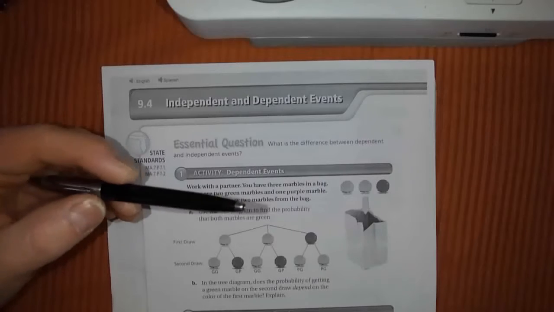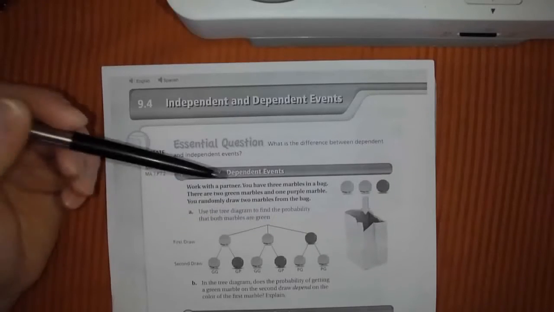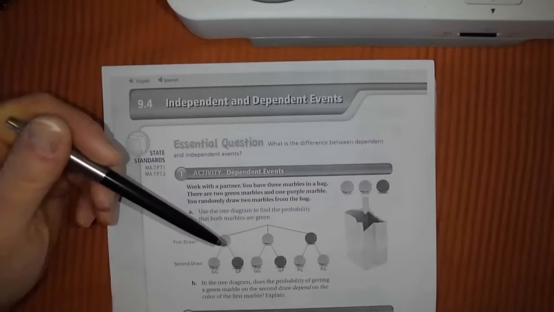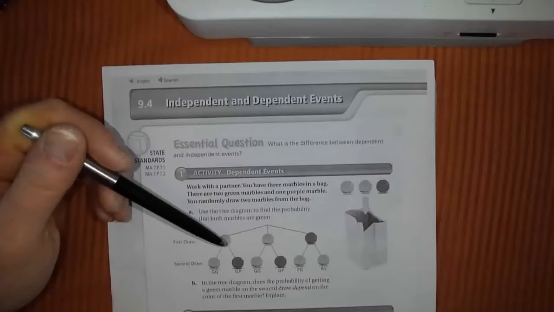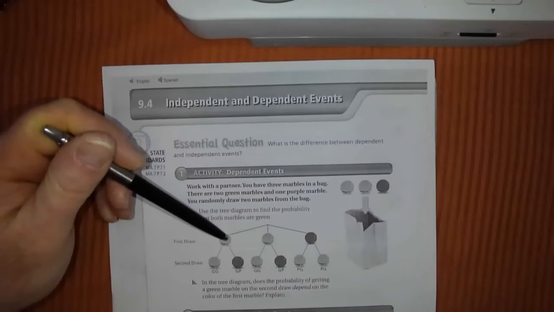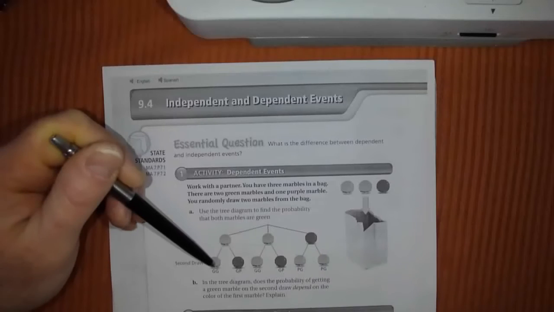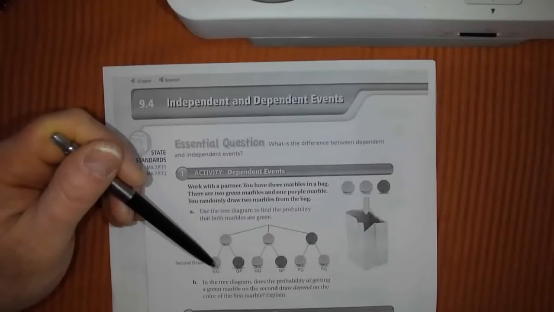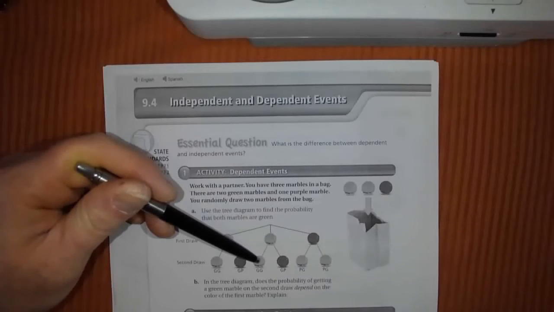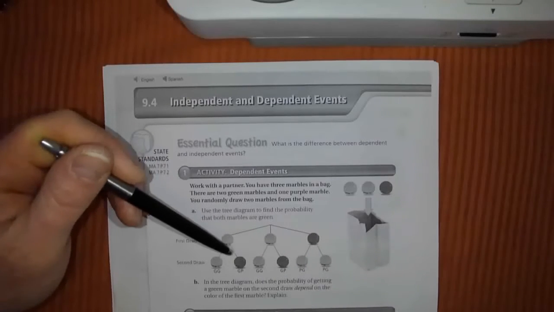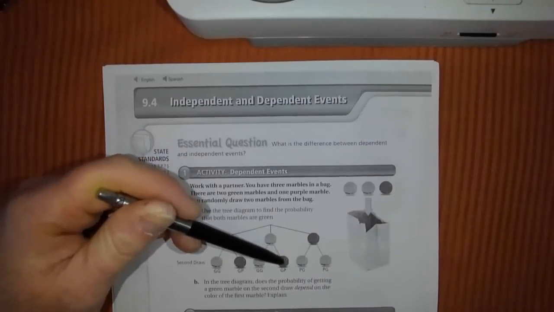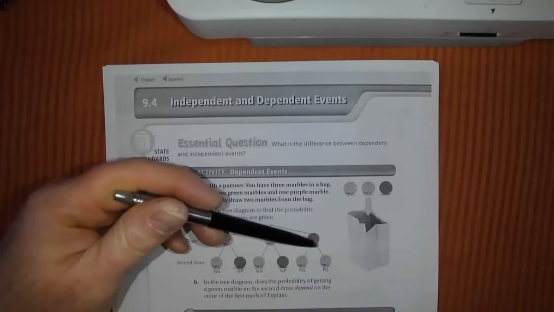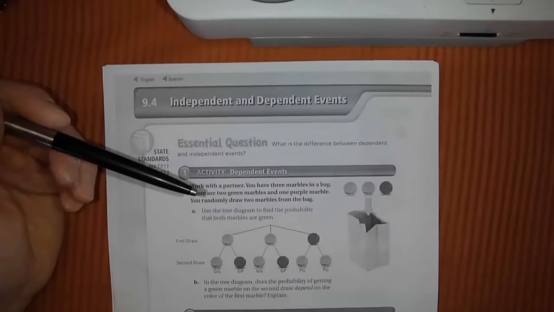So to get a draw where you draw 2 green marbles in a row, you have to draw a green marble on your first draw and a green marble on your second draw. That can happen here or it can happen here. So the other possibilities would be green purple, or purple green, purple green.